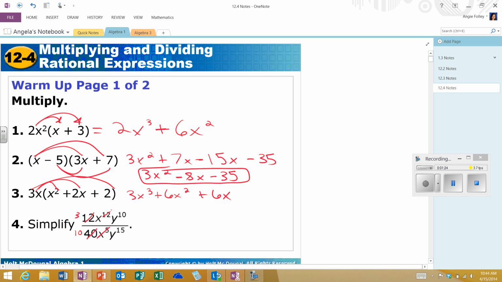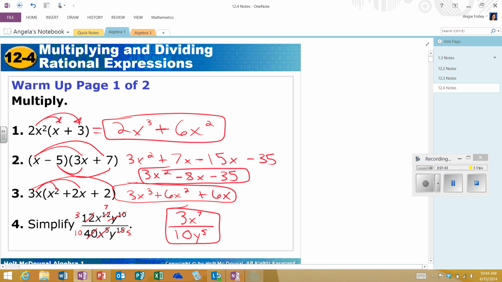I can take away 5 of these, and I'll have 7 left. And then I can take away 10 of the ones in the bottom, and I'll have 5 y's left on the bottom. So that gives me a 3x to the 7th on top over a 10y to the 5th on the bottom. So that was that answer, that was that one, and then this one.